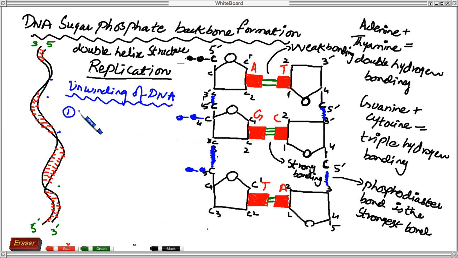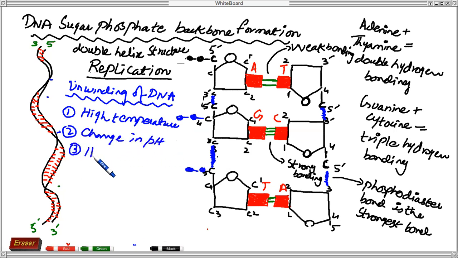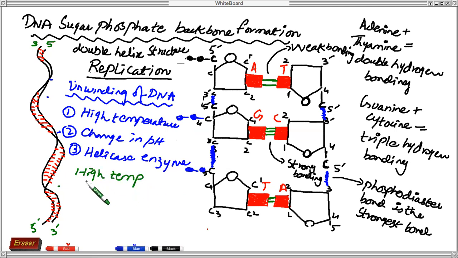Number one, high temperature. Number two, change in pH. Number three, helicase enzyme. High temperature and change in pH.